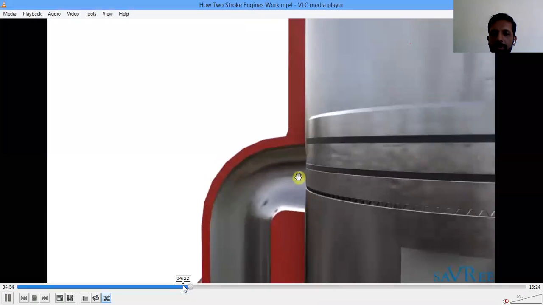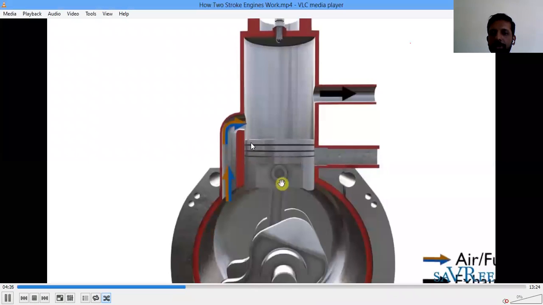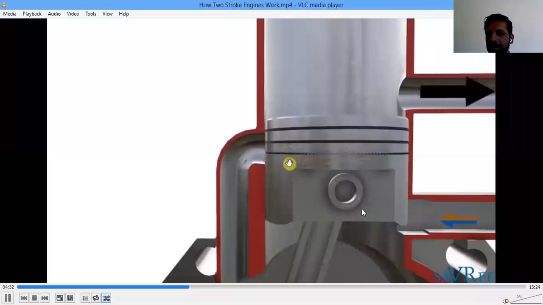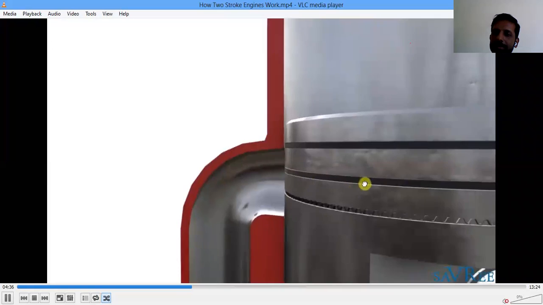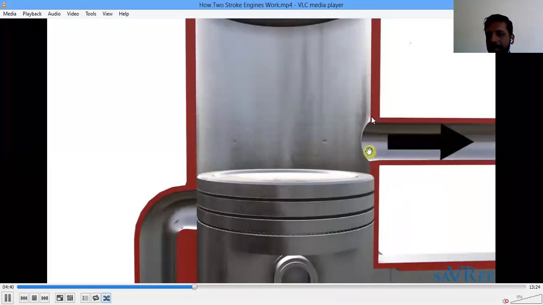So as the piston is moving above, till now it is open. Now as the piston moves above, we can see that it is first going to close the transfer port, and then it is going to open the inlet port, and slowly it is going to close the exhaust port also.